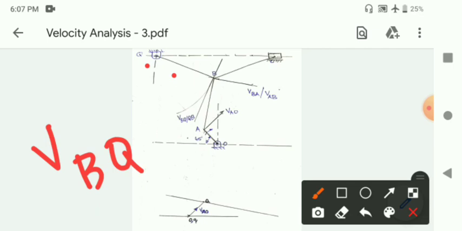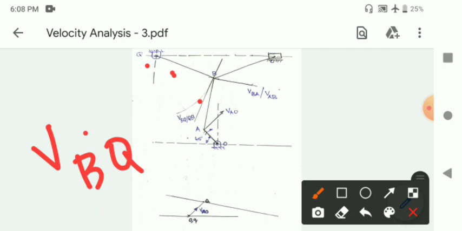But what we know is that the line of action of velocity of B relative to Q will be perpendicular to link BQ. So from B, you draw a line perpendicular to BQ. That is this line.